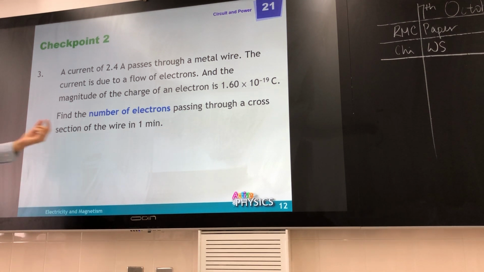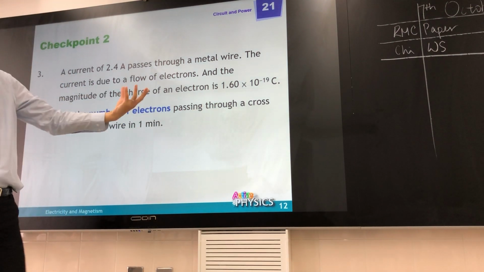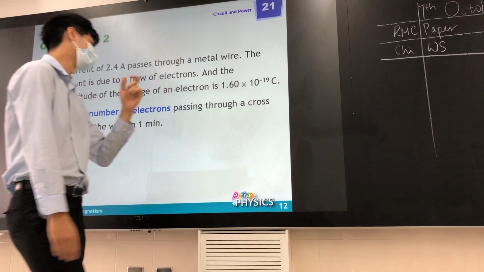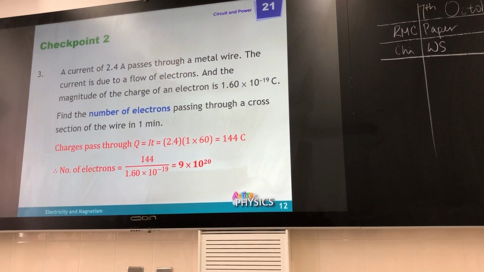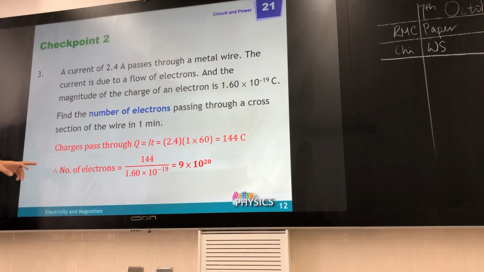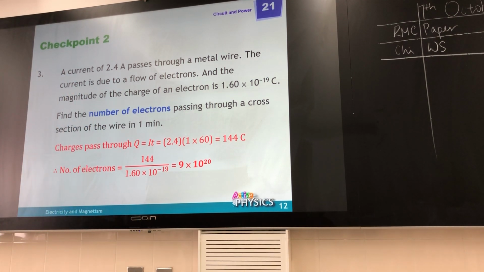And each electron carries a certain amount of charge. So you use the total Q over the charge carried by one electron, then you will find the answer. So find the total Q, and then find the number of electrons. Use 144 over 1.6 times 10 to the negative 19, and you will find the answer.